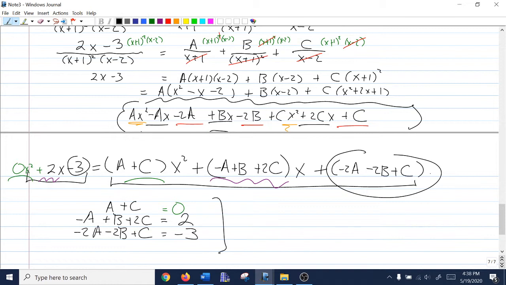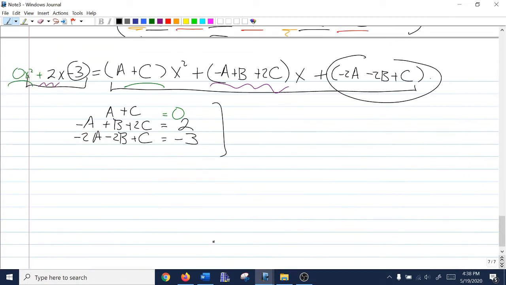You always end up with a linear system of equations. Hopefully you've seen these in some algebra or pre-cal class in your life, and you've talked about them. They're easy, but they can be time-consuming.